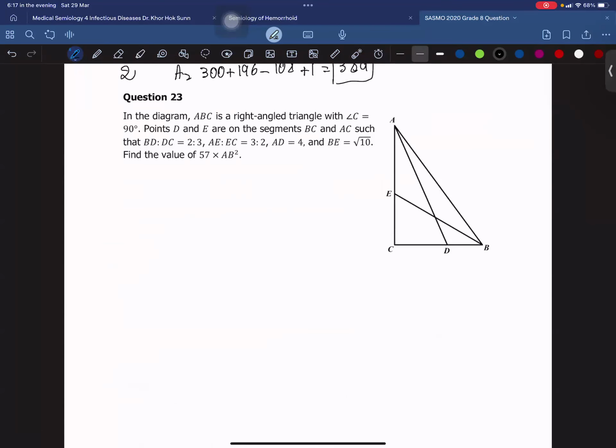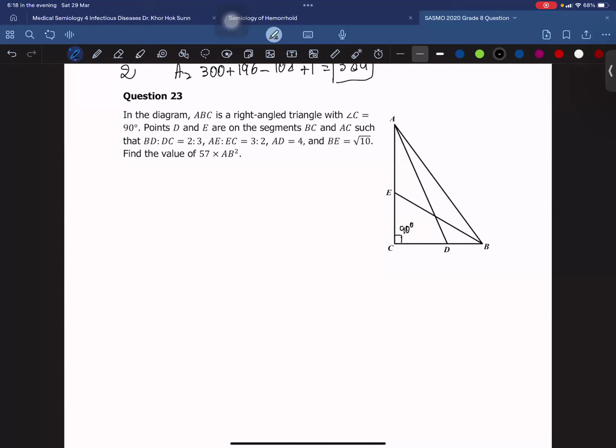Okay, so what do we have? We have this as 90 degrees, and points D and E as segments from BC and AC, such that B is in here, and DC is 2 and 3, and AE and AC is 3 and 2.